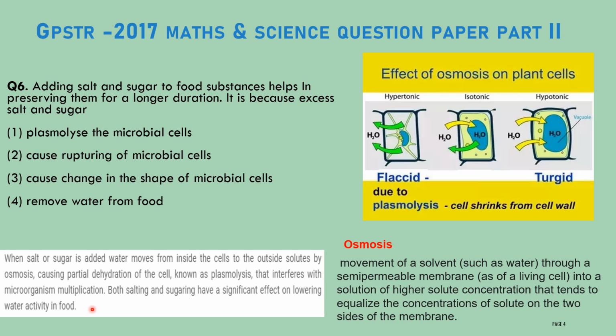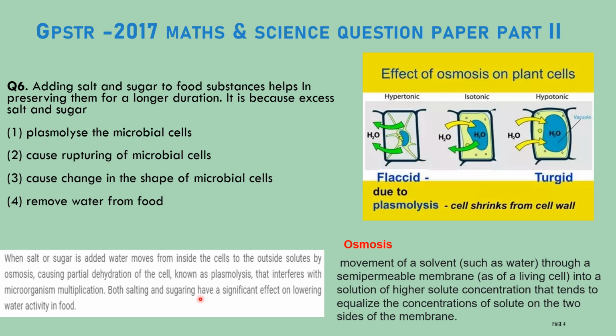This will stop the growth of microorganisms such as bacteria and fungus, and yeast also will decrease. If you remove the water from the food, it will stop the growth of microorganisms. If they do not grow on food materials, then normally the food will not get spoiled.